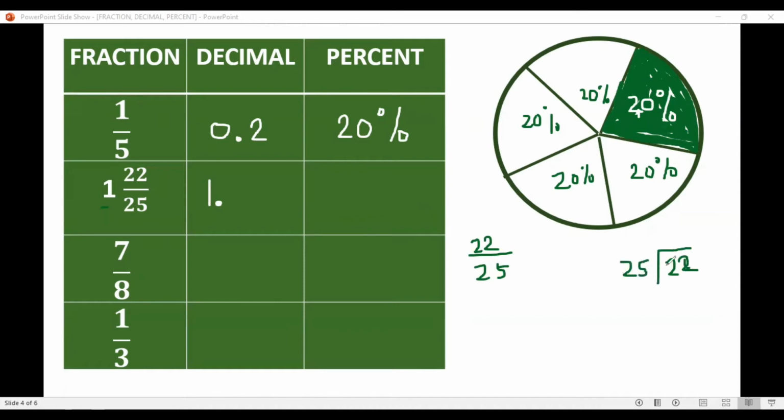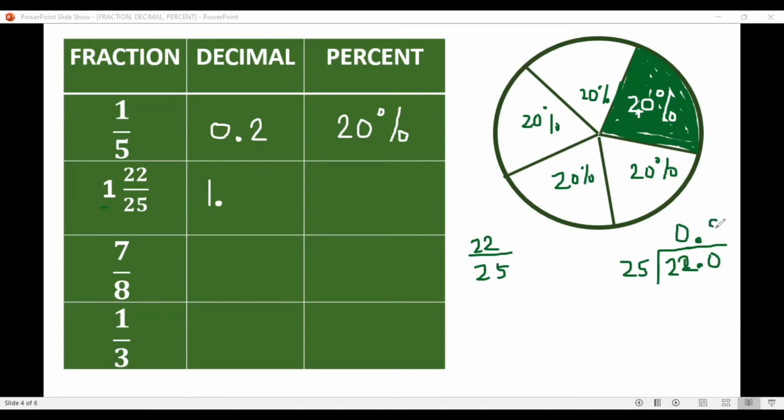As you notice, once again, 22 is smaller than 25. Therefore, we simply have to append a decimal point and 0, and then we can have 0 for that because 22 cannot be divided by 25. So you go directly to 220 divided by 25.